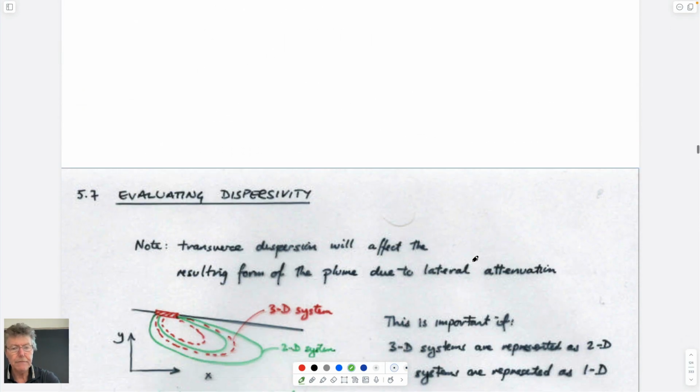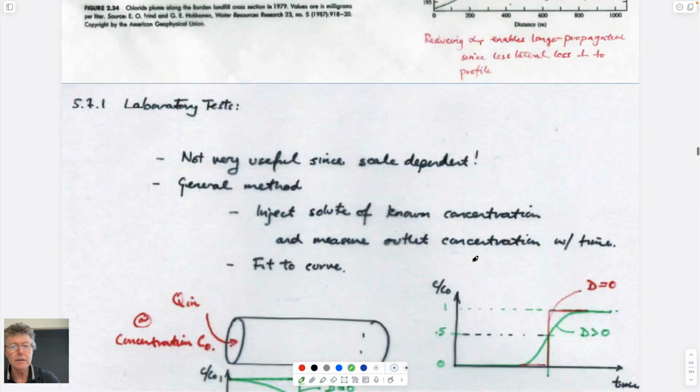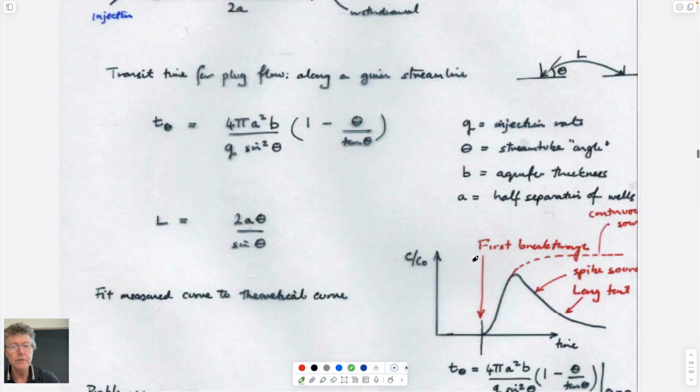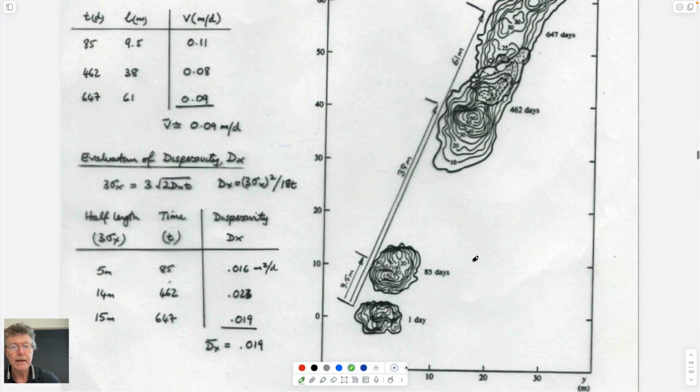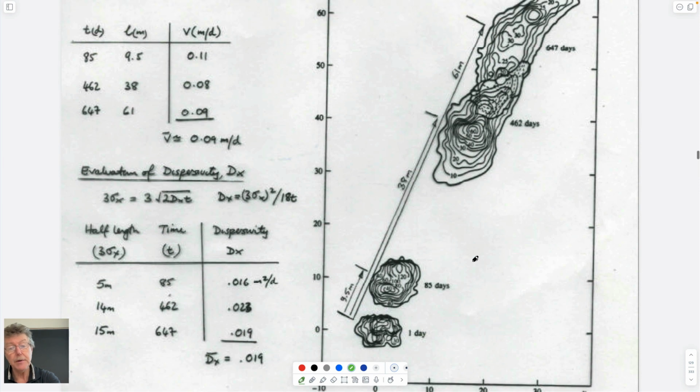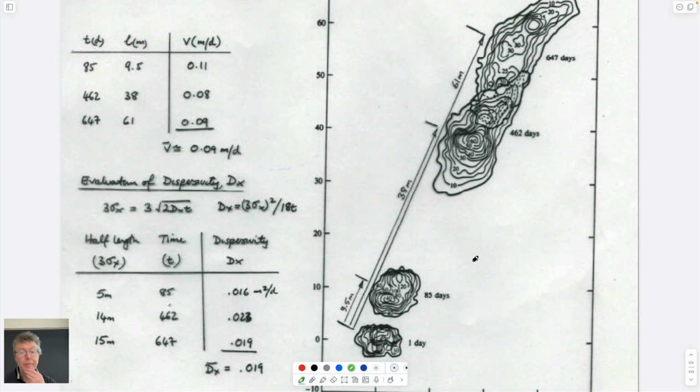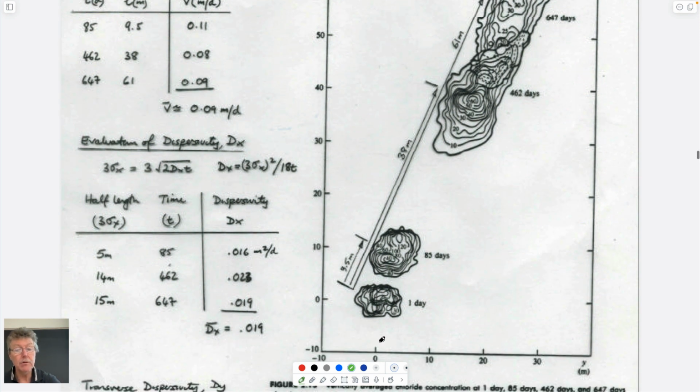So that's it. When we get further, we'll talk about how we can use that in some useful way. I won't talk about it today. This is an experiment that was done in Ontario, exactly what we're looking at.